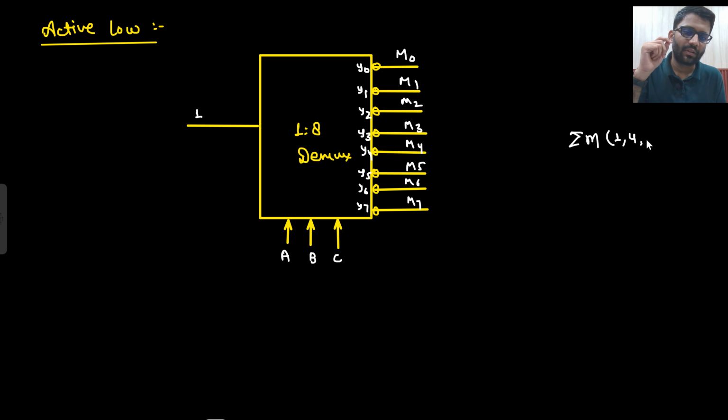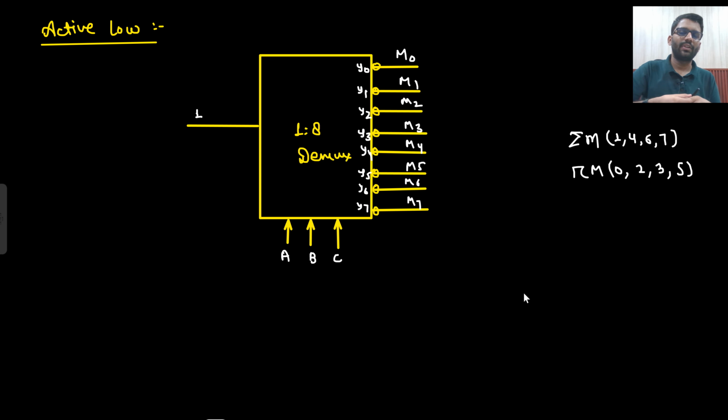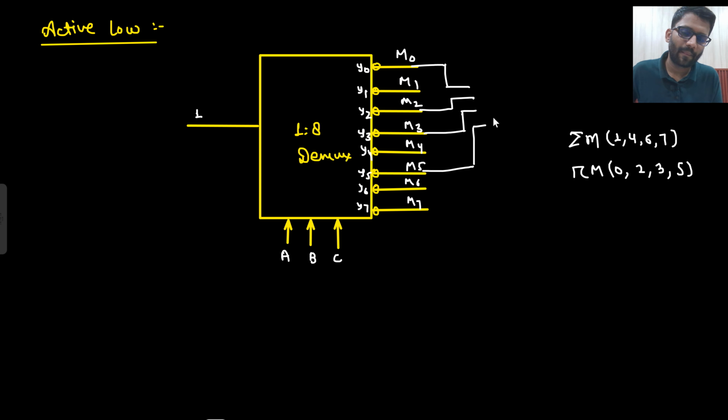Minterms are 1, 4, 6, 7. So what will be the max terms? 0, 2, 3, 5. These will be the max terms, and multiplication you need. So what you will use? 0, 2, 3, 5, all that to an AND gate.